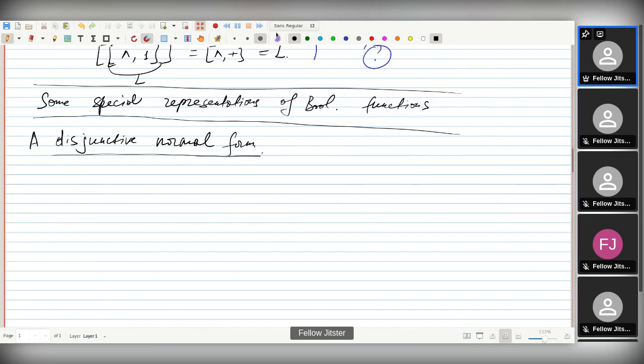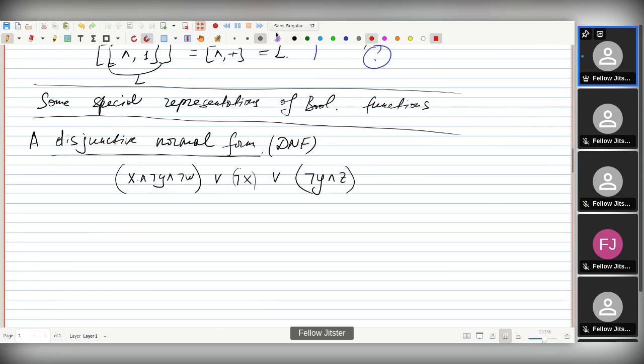What is it? Informally speaking, it is an expression of the following form. You take some variables, maybe with their negations, and apply conjunction to them. Then you take a few such conjunctions and apply disjunction to all of them.